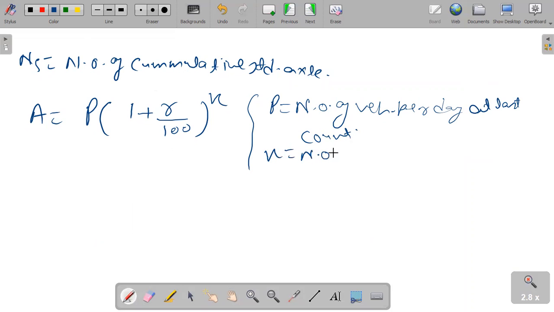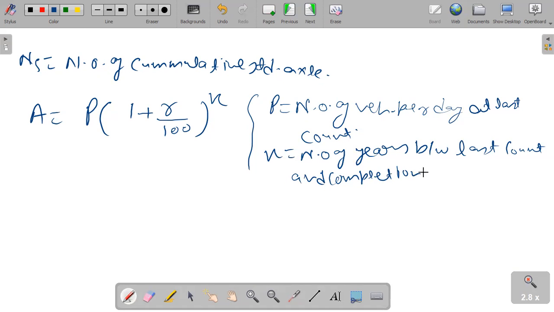X is number of years between last count and completion of pavement construction.